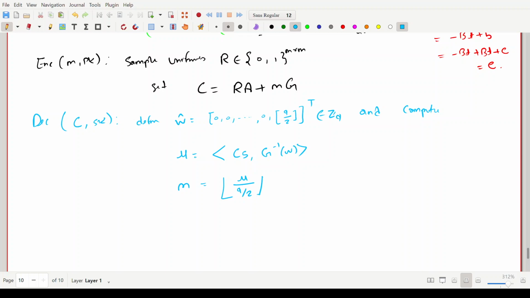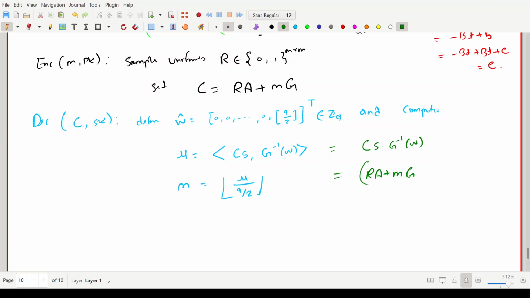Now let us quickly observe the correctness. What is happening here? Suppose this inner product I am just taking as a dot product. So it is CS multiplied with G inverse W. What can you say about this CS? What is the value of C? This is RA plus MG.